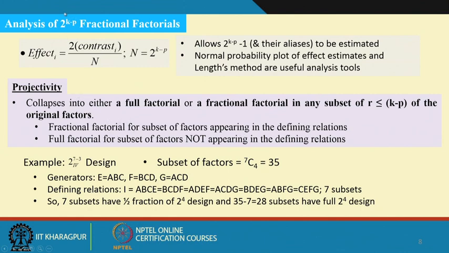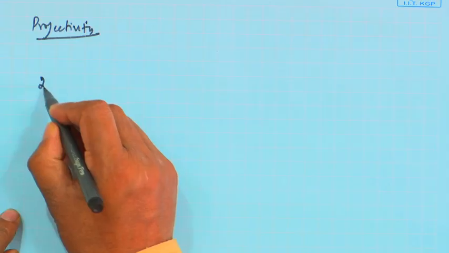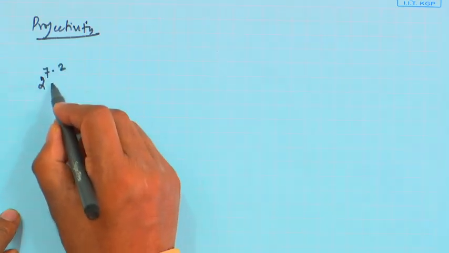Projectivity: if you go for a 2 to the power k minus p fractional factorial design, then this collapses into either a full factorial or a fractional factorial in any subset of r factors, where r is less than or equal to k minus p of the original factors. What does it mean? Suppose you are talking about a 2 to the power 7 minus 2, resolution 4 design.